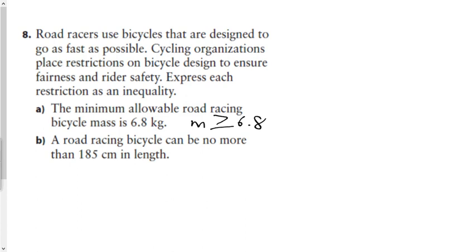That's the minimum. It has to be at least that. A road racing bicycle can be no more than 185 in length. So the length must be less than or equal to, algebraically L, 185. The length of the bike must be less than or equal to 185 centimeters.